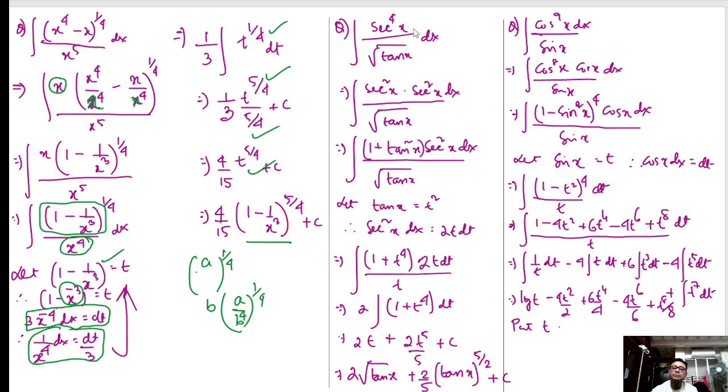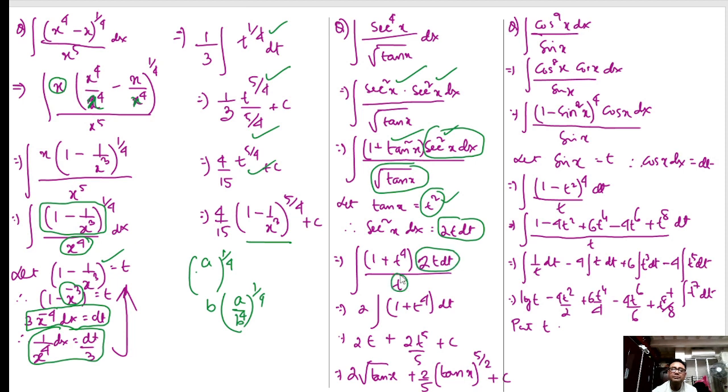Similarly, if you see this sum, sec 4 I have written as sec square and sec square, and sec square I have written as 1 plus tan square. Now take tan x as t square, so this will become t. Sec square dx will become 2t dt, because I have taken t square.